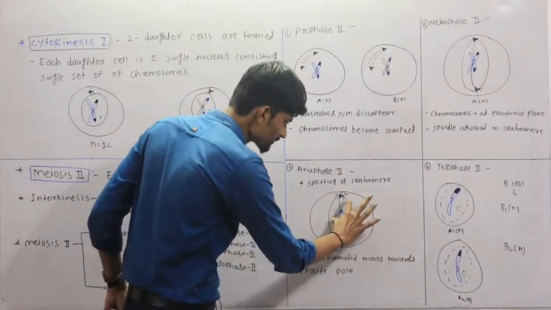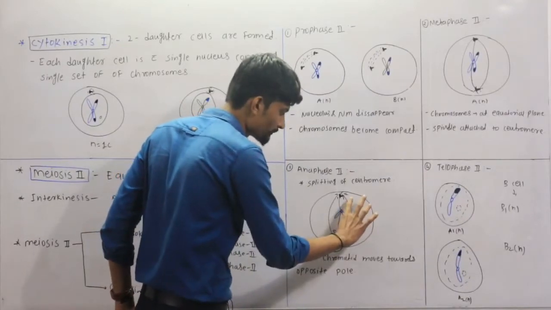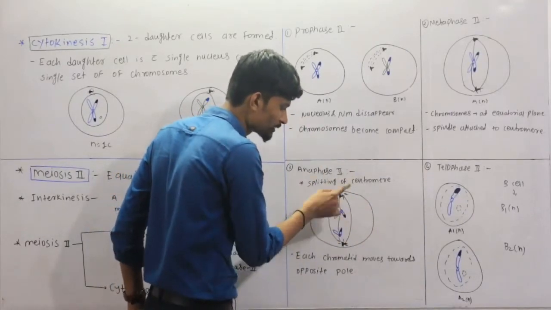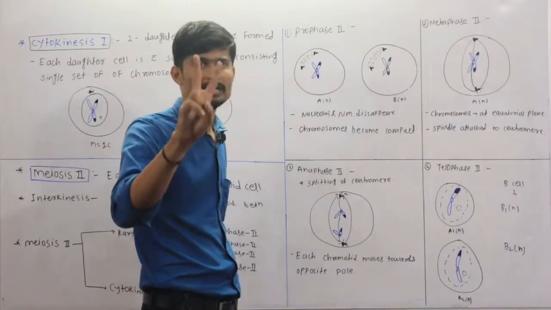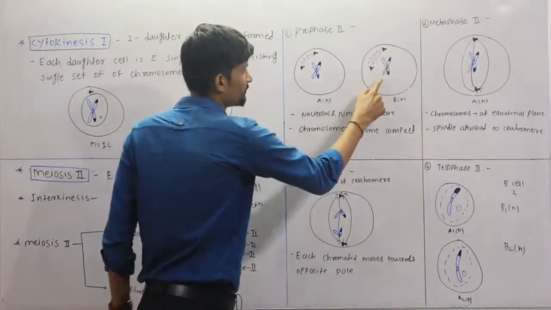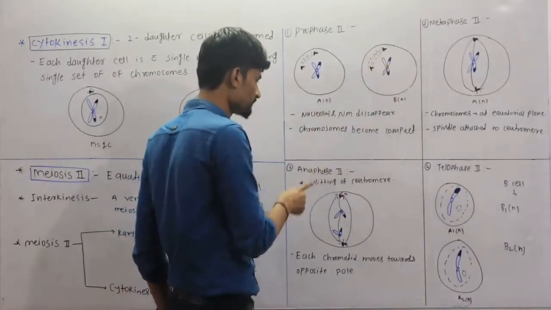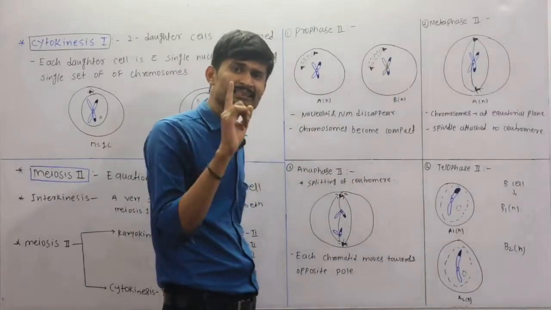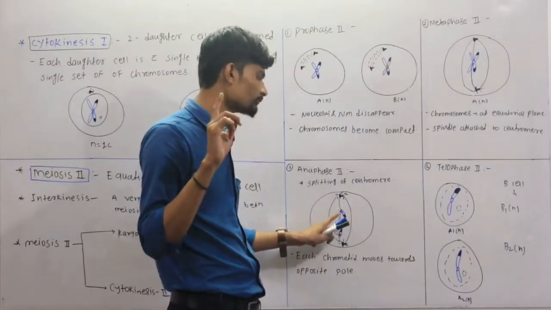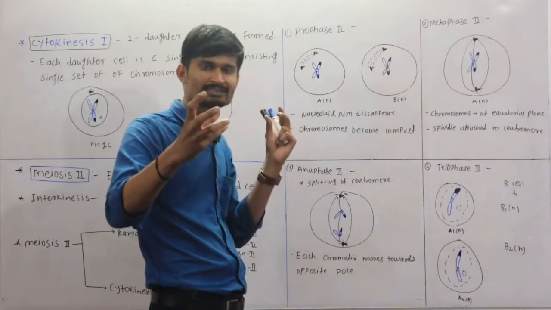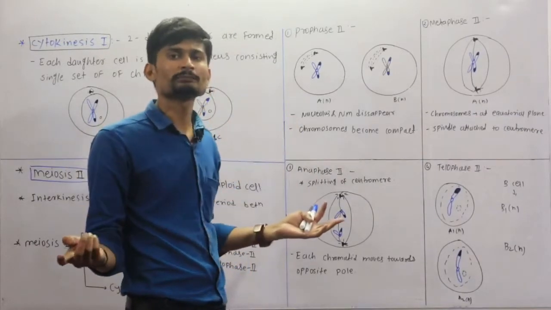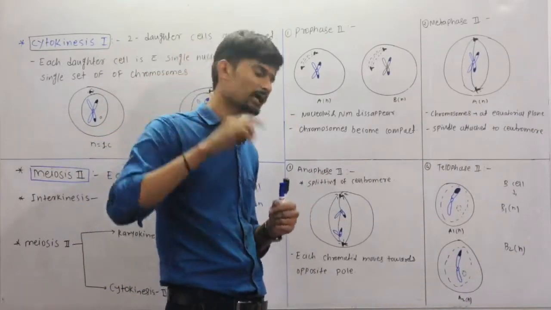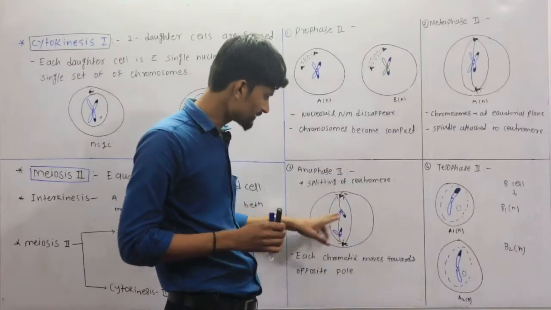Due to the splitting of the centromere, what will happen? Earlier each centromere had two chromatids, but now in anaphase second each centromere has one chromatid, because the centromere is split, and each centromere has only one chromatid with the exchanged material.